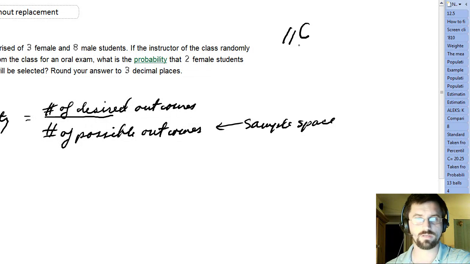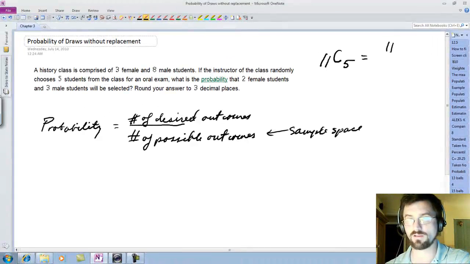We are choosing 5. That's the size of our sample space. It's 11 choose 5. So if you want, you can calculate this off to the side. 11 divided by 6, 5. Remember, this number here is always 11 minus 5 because it's n minus r.